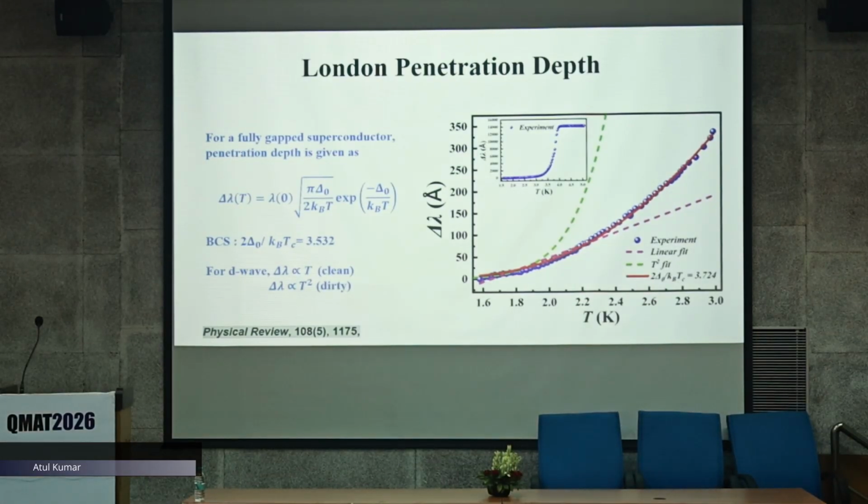Here we see a clear transition around 4 Kelvin, and then we fitted it with different theoretical models to check whether this system has any nodes or nodal lines. When we fitted the penetration depth with the linear model, it deviates from the experimental data. Also in the case of T square, but it is nicely fitted with the BCS case. So again, it suggests that it is a fully gapped BCS superconductor.